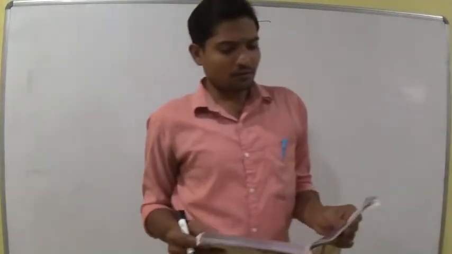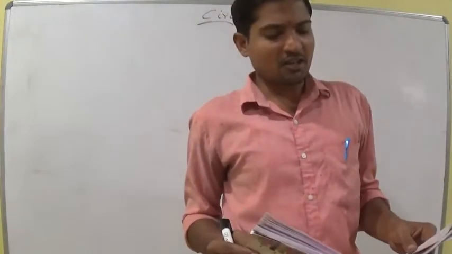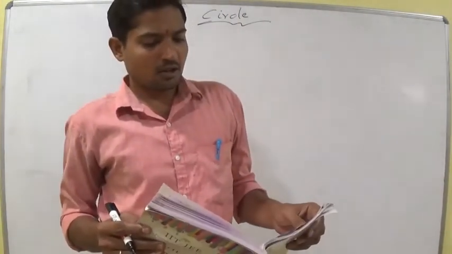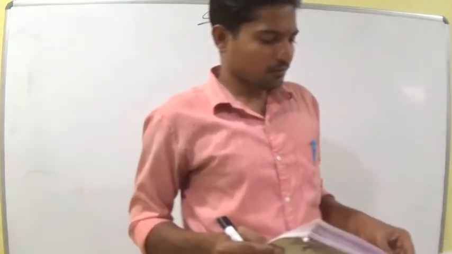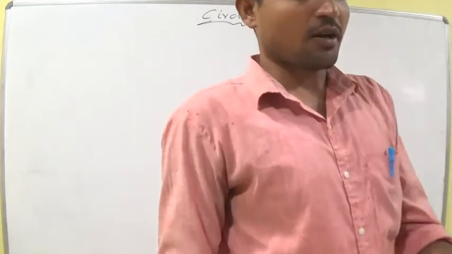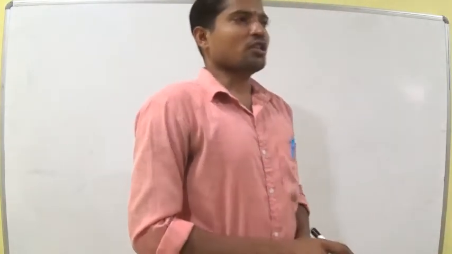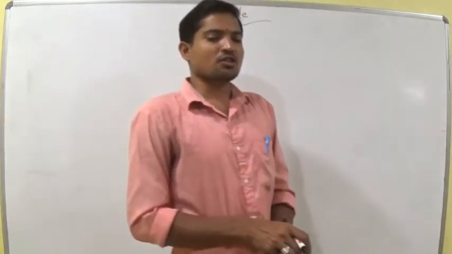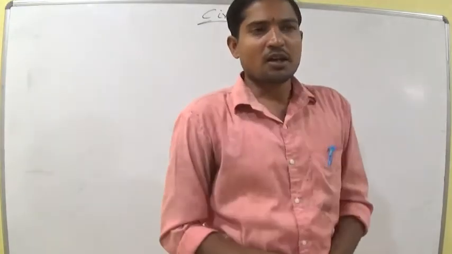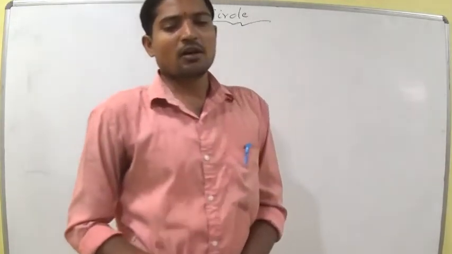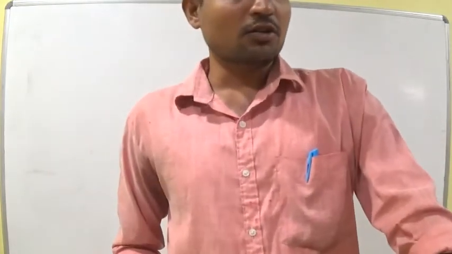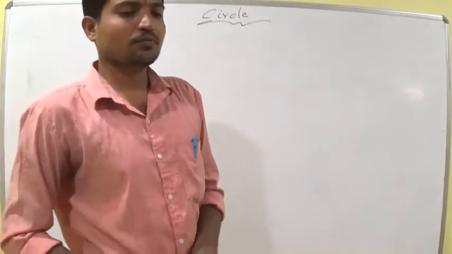Next, the equation x square plus y square plus 2gx plus 2fy plus c is equal to 0 represents a circle if g square plus f square minus c is greater than or equal to 0.